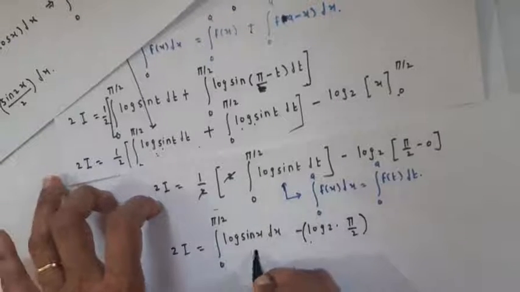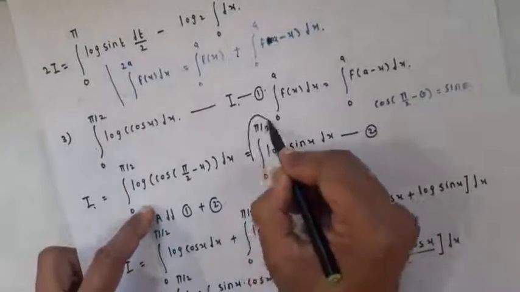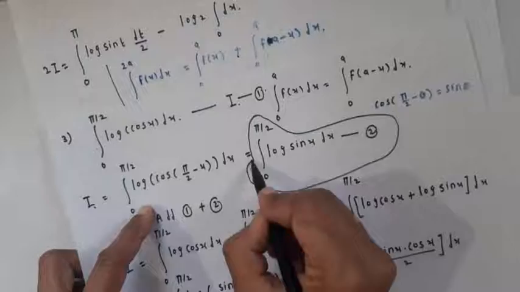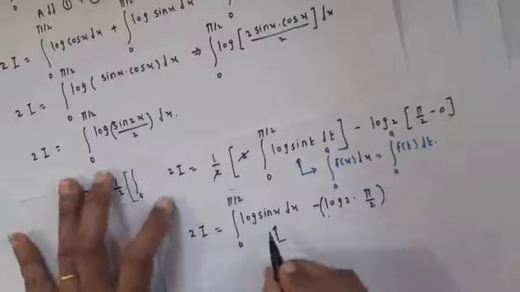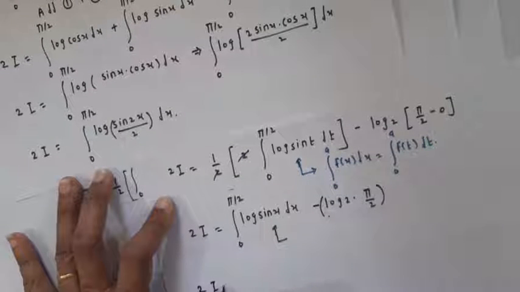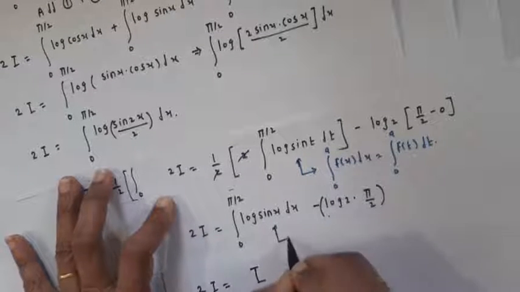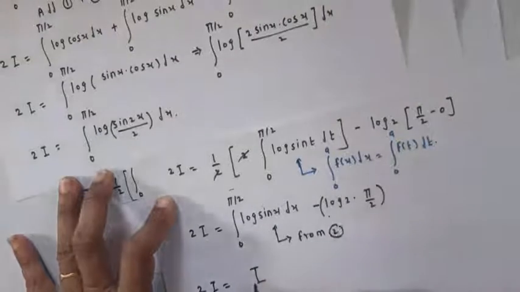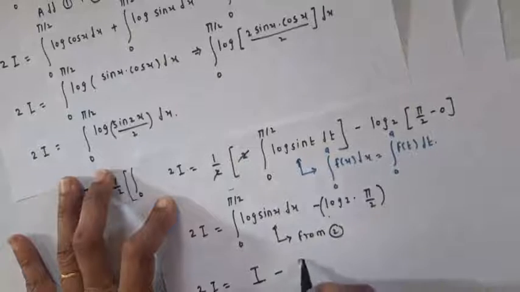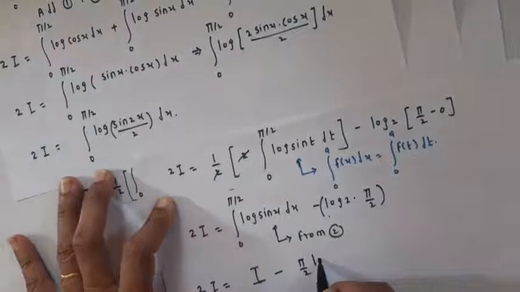So from equation 2, log of sin of x dx is I. Therefore we can put this value as I: 2I equal to I minus pi by 2 into log of 2.